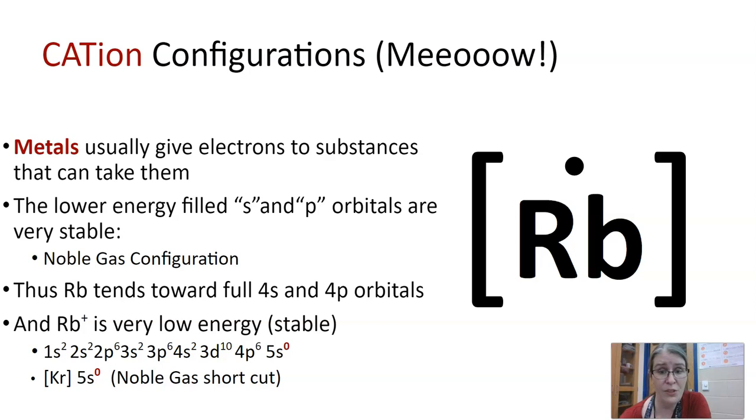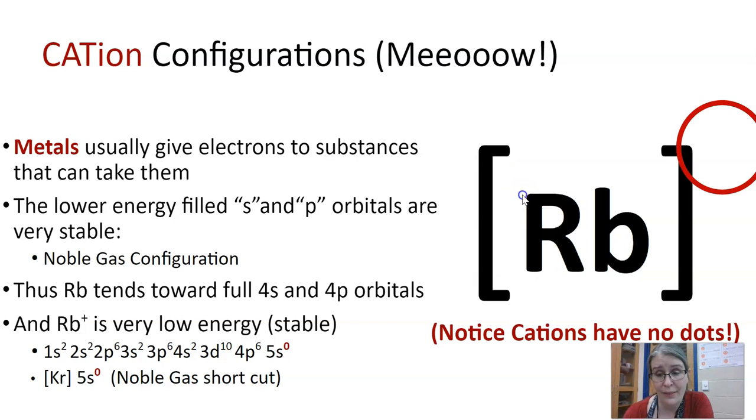So rubidium, which is 5s1, loses that 1 electron to get back to the configuration of krypton. And since we're losing an electron, you can think about it just as erasing that dot. When I form the rubidium cation, I take that dot away.